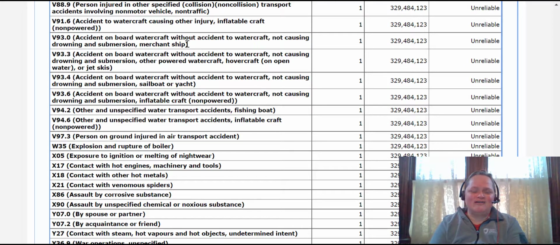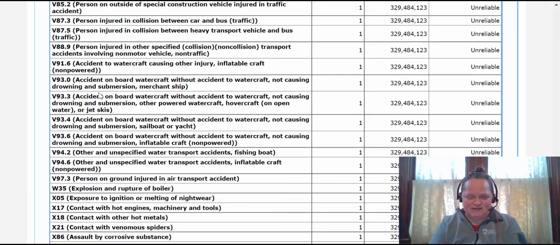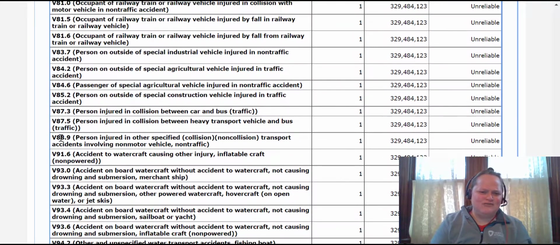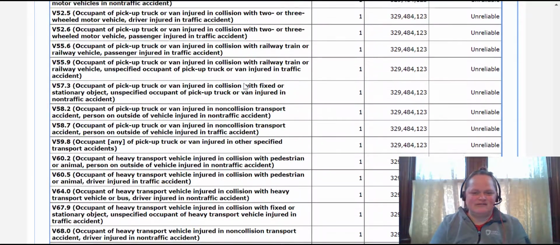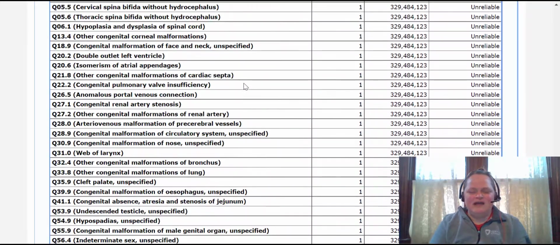These are kind of shorthand descriptions of what happened. This was an accidental death. So the V's are accidental deaths, I think, with motor vehicle and bus occupant injured in other specified transport accidents, that kind of thing. Most of these are, of course, grouped under, so we have various birth defects and stuff you can see here.